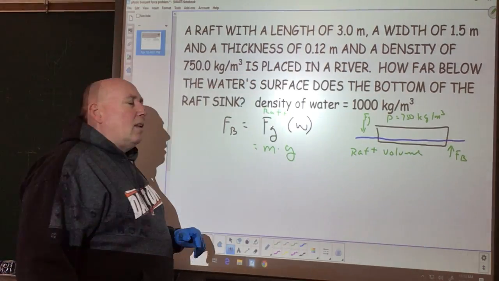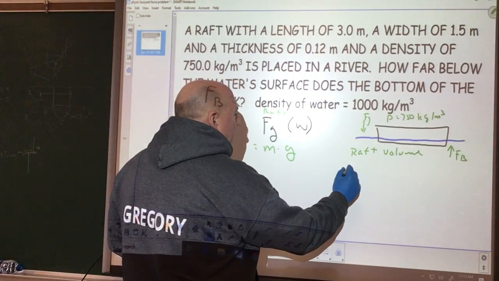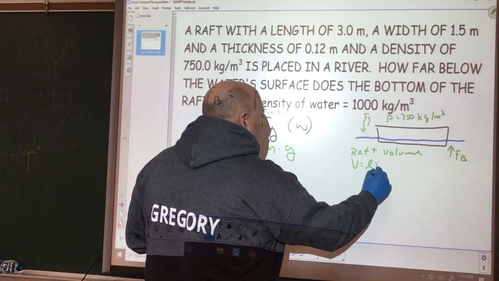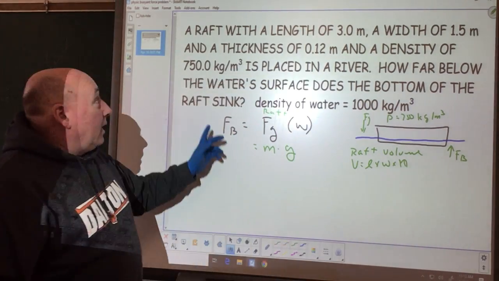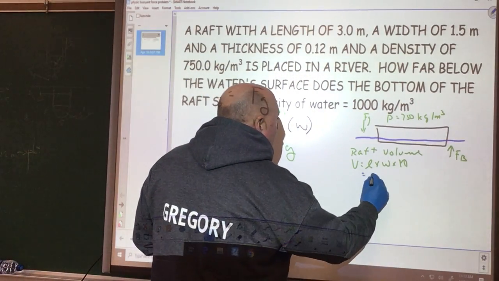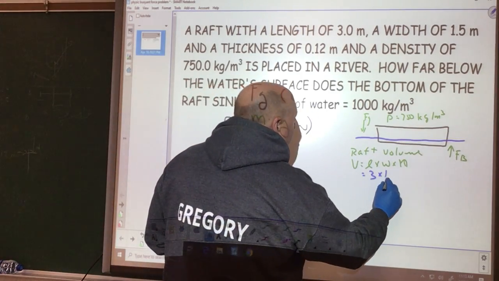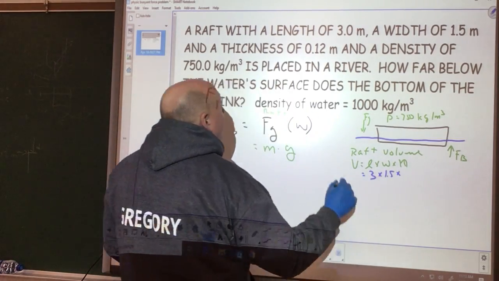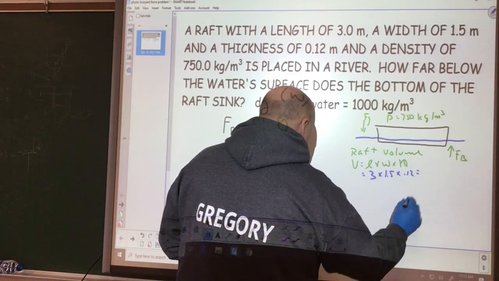So we can calculate the volume of this raft by length times width times height. My length is 3 meters. My width is 1.5 meters. And my depth, or my thickness, is 0.12 meters.